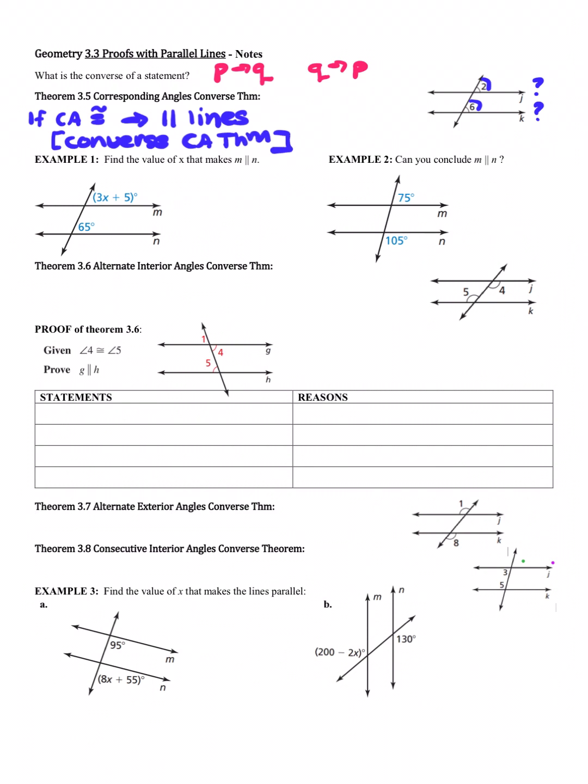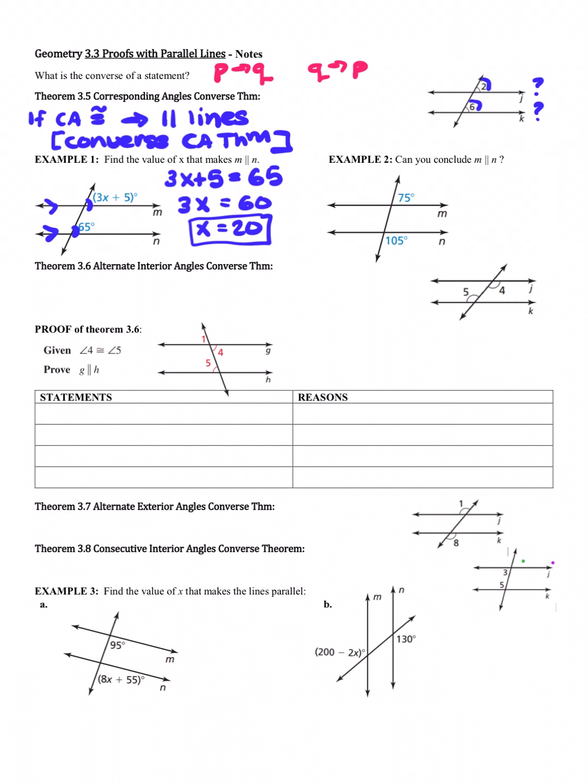So if we want to prove that two lines are parallel, we want to make the two angles, in this case our corresponding angles, we want to make them equal. So let's solve for x by setting 3x plus 5 equal to 65. So 3x equals 60. So if x is 20, then those two angles are congruent and the two lines would then be parallel.